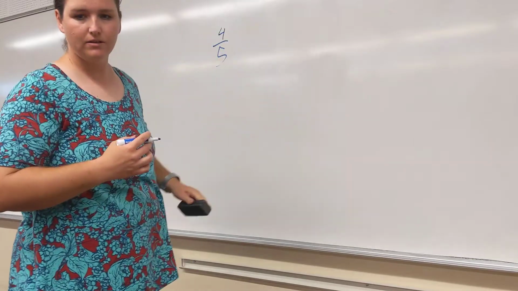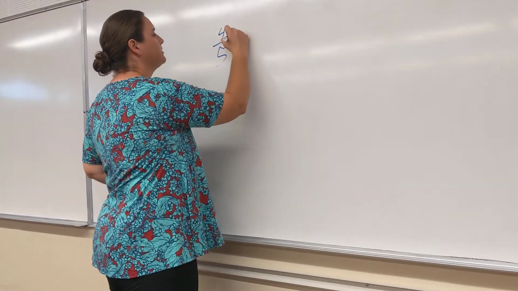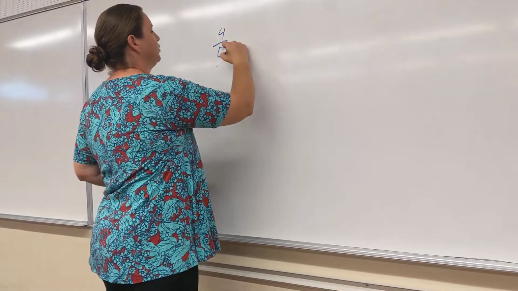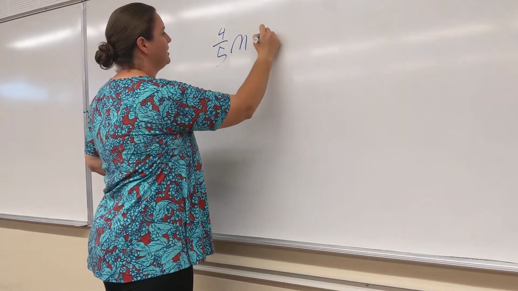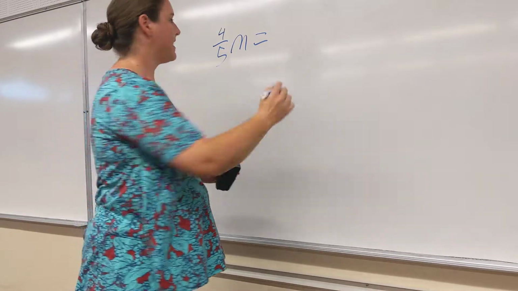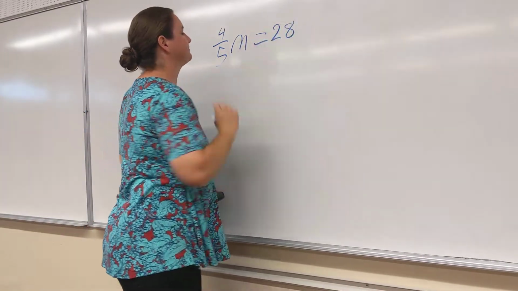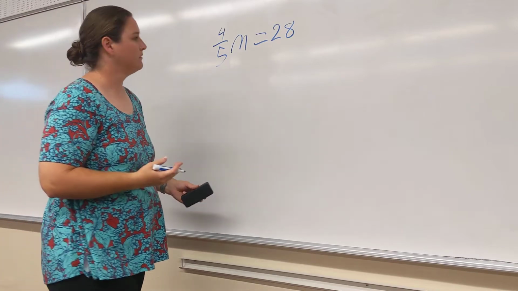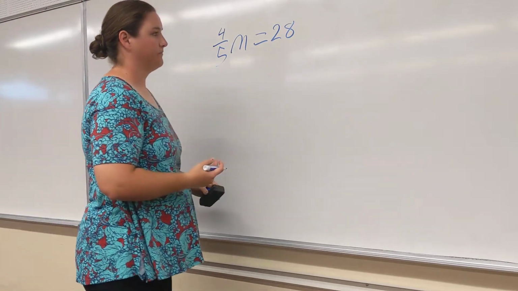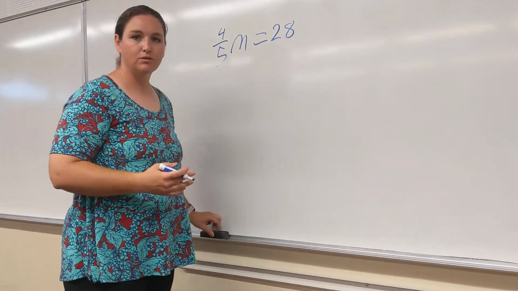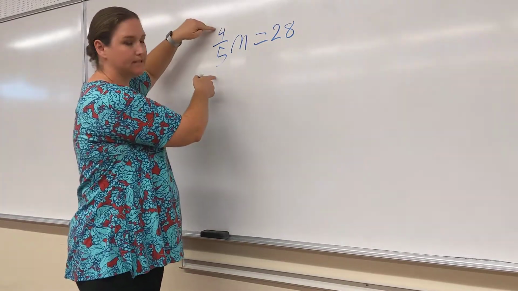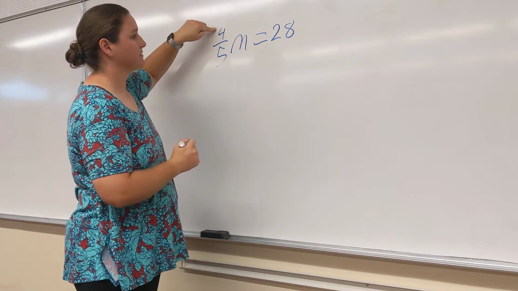So let's try one with a reciprocal. Let's go ahead and use 4/5 times m, make it a big M, equals 28. Now what? Okay, now remember, we have to do the inverse, which in this case means the reciprocal of this.